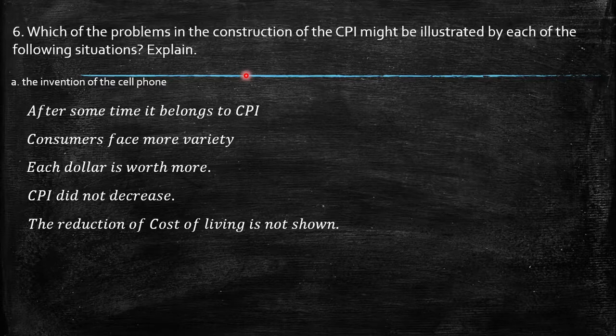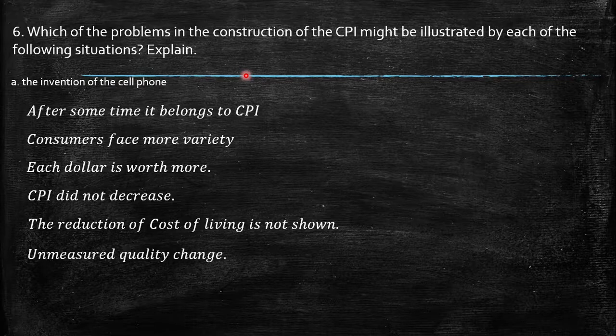This reduction of the cost of living is not shown because, for example, before you needed to put coins into a public telephone in the street, and now it is really different because anytime you want, you just make a call, and the fees for that service are much cheaper.